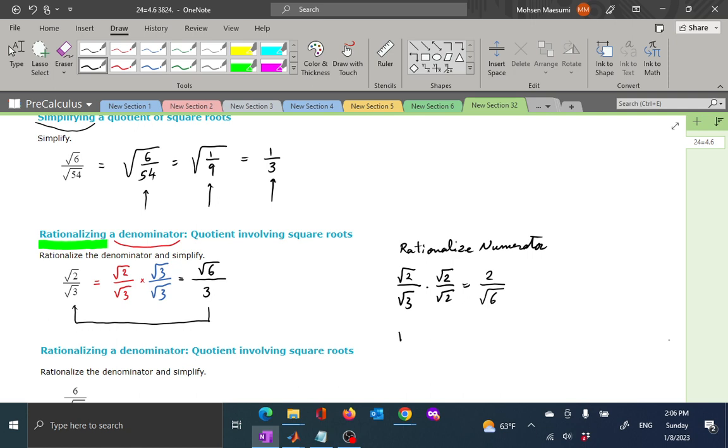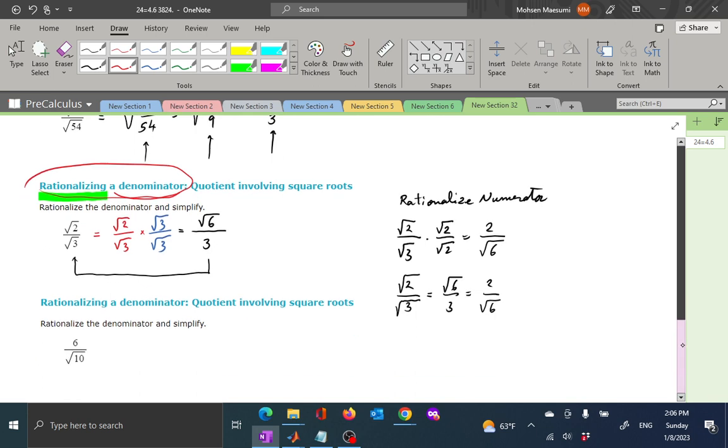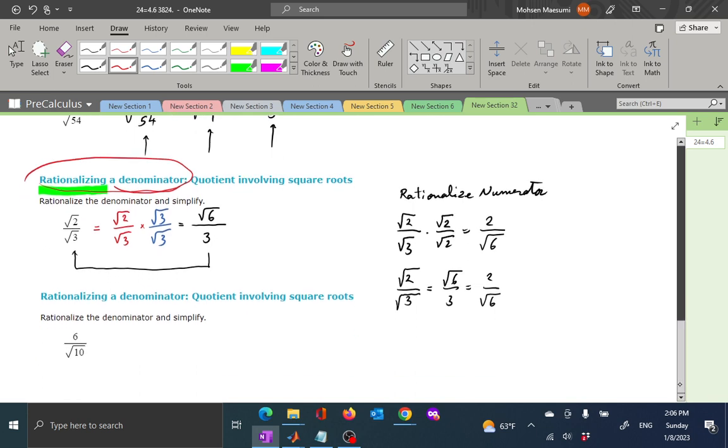So these are all the same quantity. This is the same as that, and that is the same as this one. What is it that appeals to you? It depends on the problem that you're looking at, what you want to do. Here the clue as to what is expected is rationalize the denominator, and that is what we did.